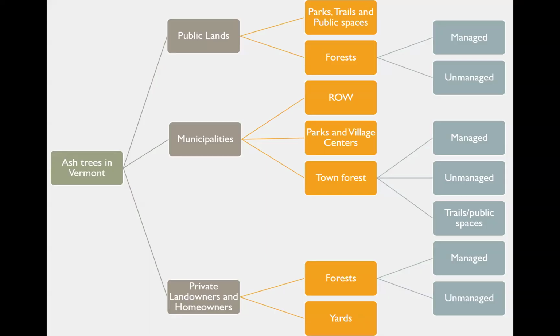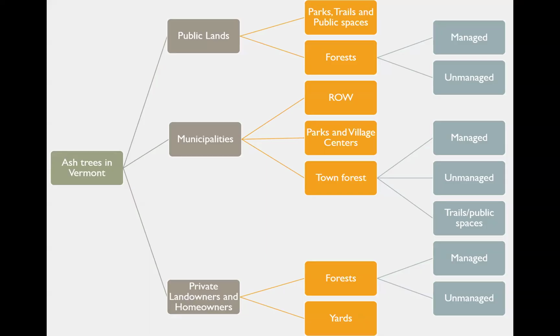About 1% have some genetic resistance to emerald ash borer, but 99% of trees is a lot of trees. So for all of these trees, we want to think about how to manage them, when they're going to die, and how to weather the storm of this invasive pest.